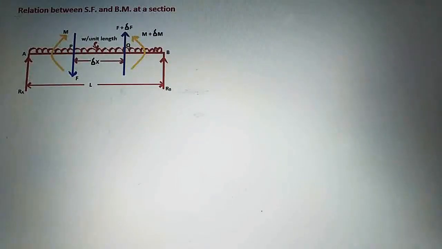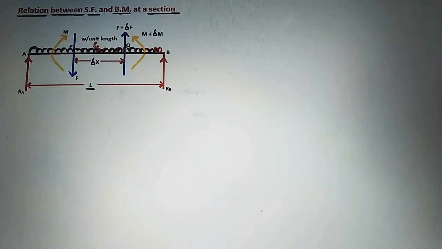Next is the relation between shear force and bending moment at a section. Now consider a beam AB here. See here, this is beam AB which is having span of capital L, and over this beam AB the UDL of W per unit length is acting over the entire span.